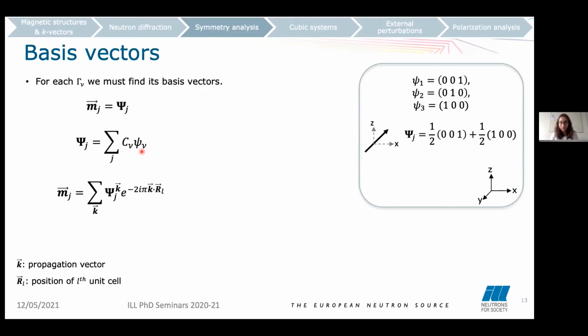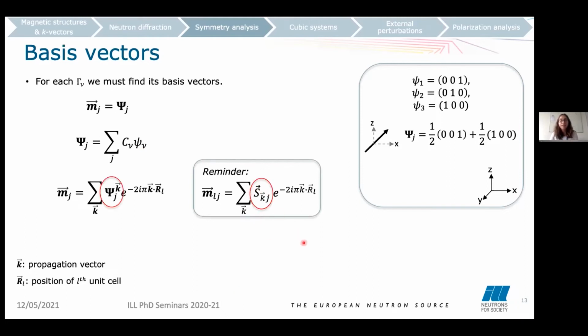And you'll recall that a few slides ago, we did the same thing and we had these Fourier coefficients here. In fact, the symmetry analysis relies on the fact that we can describe these Fourier coefficients as a linear combination of basis vectors.